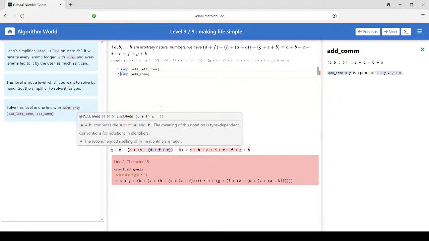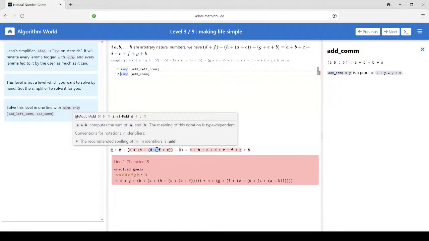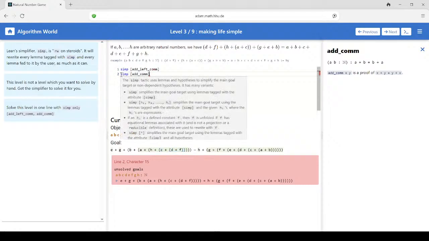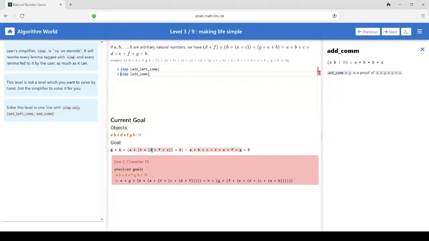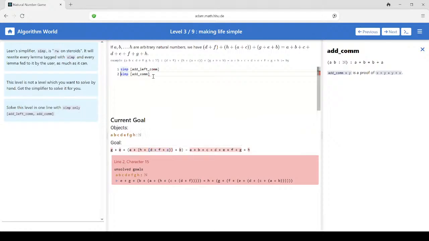Now D plus F plus C, I suppose the C is now before them, so the C switched sides. Right, D plus F plus C became C plus D plus F. And then H plus this whole block, I suppose that swapped places and now H is after? No, H is not after, H is still before.